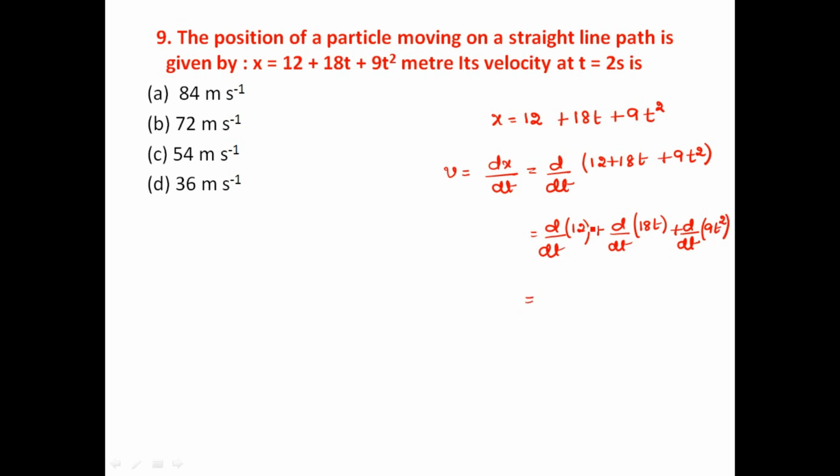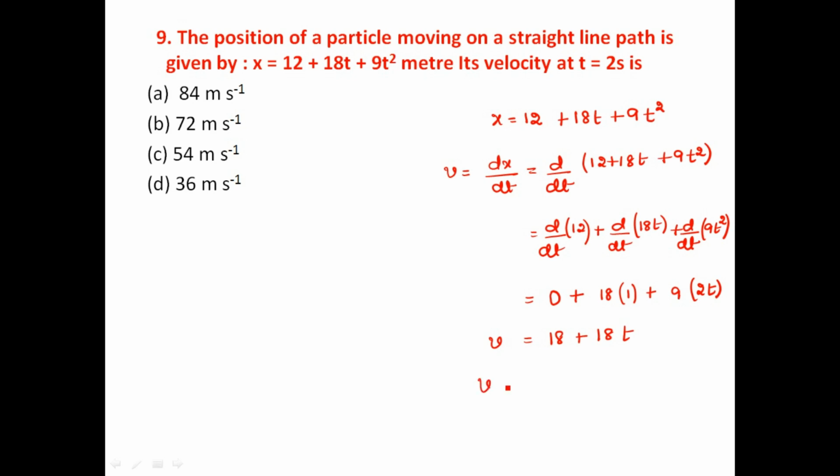Differentiation of a constant is 0, so the first term becomes equal to 0. Differentiation of 18t, here 18 is a constant and differentiation of t becomes 1, and differentiation of 9t square, 9 is a constant, it is 2t. Hence I get 18 plus 18t as velocity.